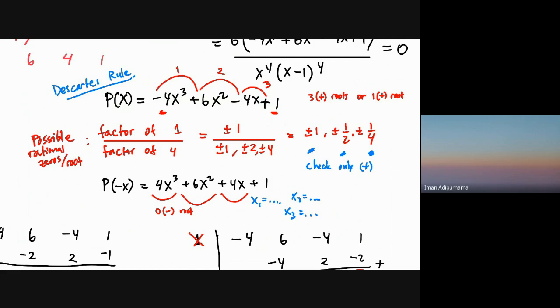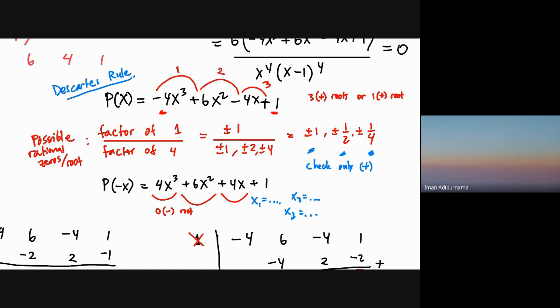Factor of 1 is just 1, which means 1 multiplied by 1 is 1. -1 multiplied by -1 is also 1, right? And factors of 4, we have 1, 4, and 2, 2, right? So 1, 2, 4 are the factors of 4.